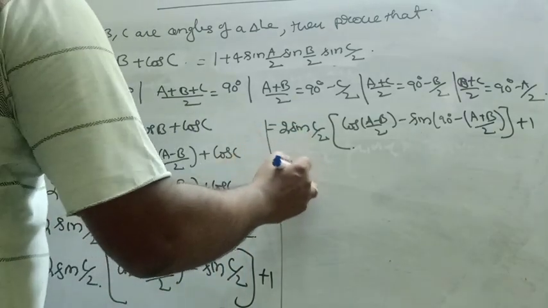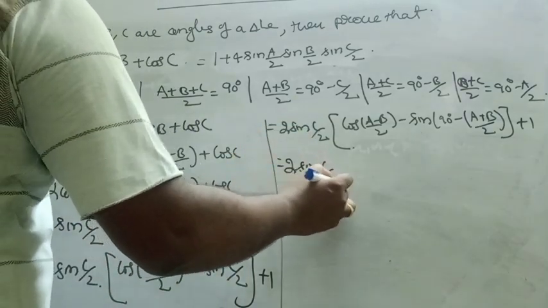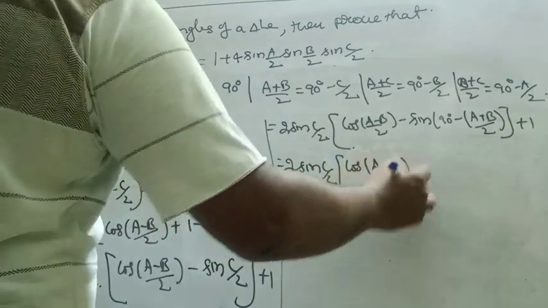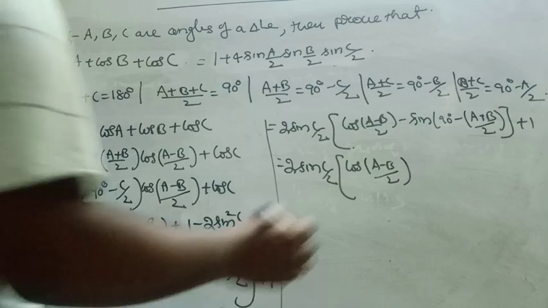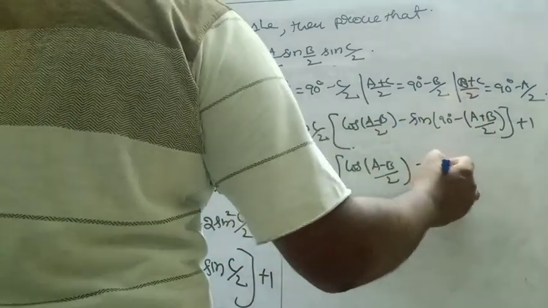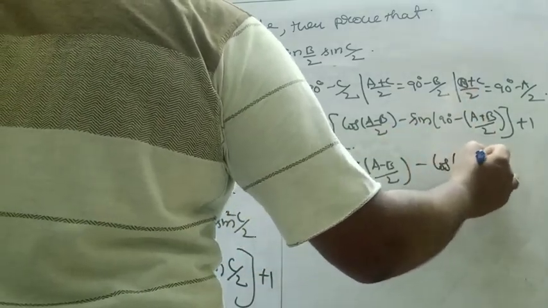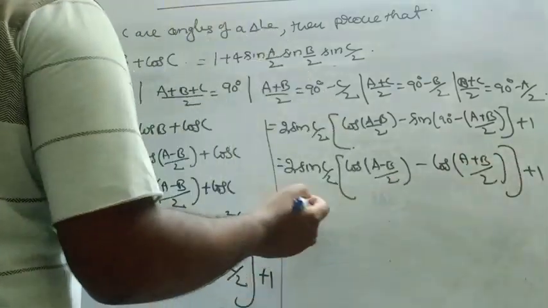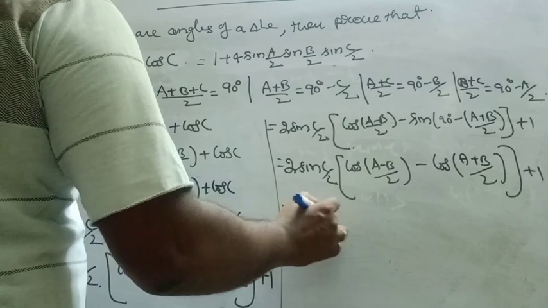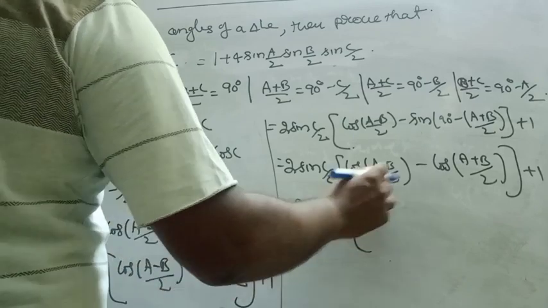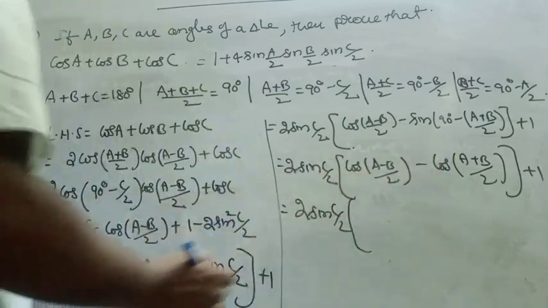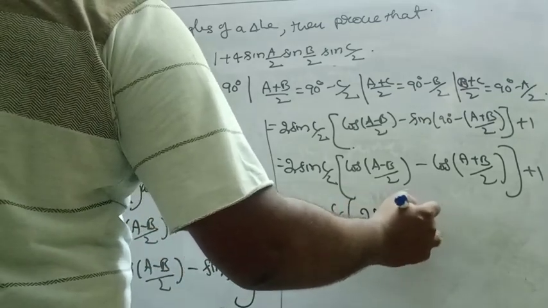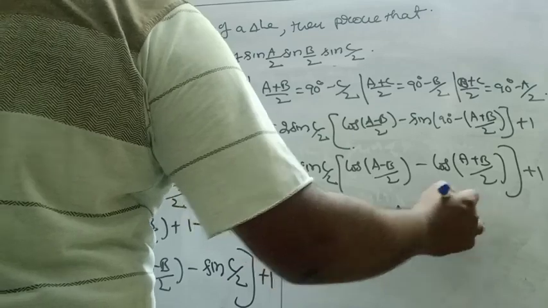Wonderful. Now this is 2 sin C by 2 into cos of (A minus B) by 2, my dear students, minus sin of (90 minus theta), which becomes cos theta. This is now cos of (A plus B) by 2, plus 1. Now this is 2 sin C by 2 into cos (A minus B) by 2 minus cos (A plus B) by 2, which is nothing but 2 sin A by 2 into sin B by 2, plus 1.